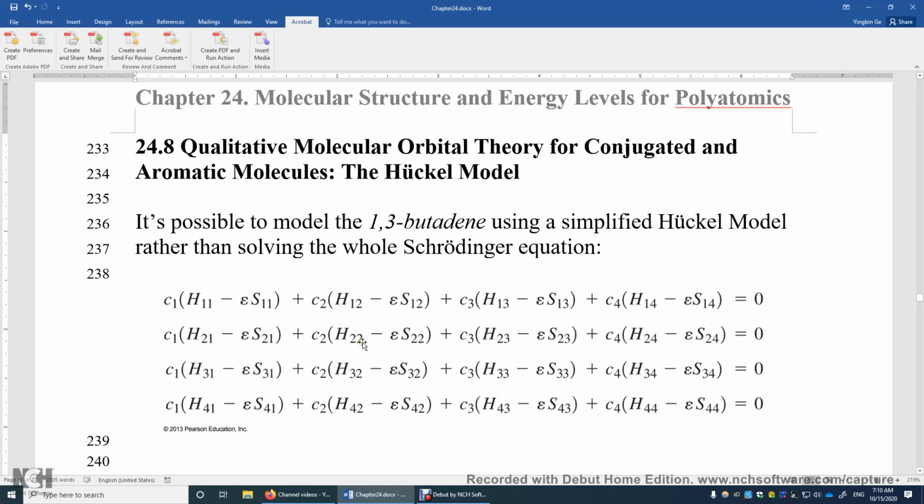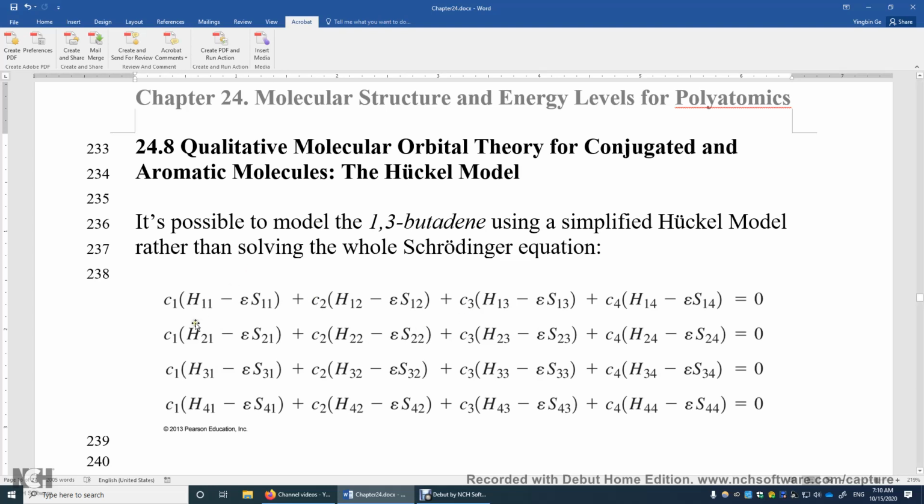H11, H22, H33, H44, they are called Coulomb integrals, but they are really the atomic orbital energy of the 2p electron in the carbon atom. You can simply look up the ionization energy of the carbon atom and put a negative sign in front of it. You get this H11, H22, H33, H44.